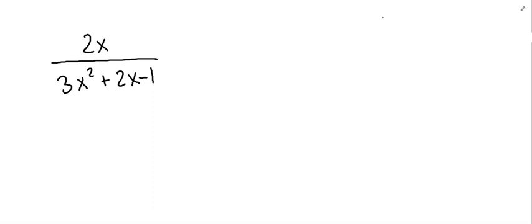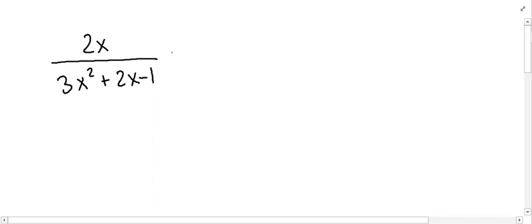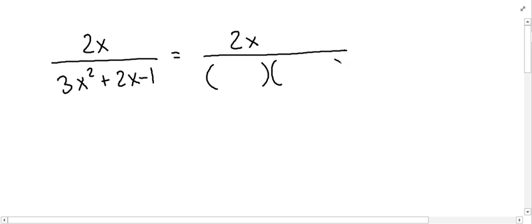The first thing I want to do is try to factor the bottom. It may not factor. I don't know if this thing is irreducible or not, but I'm going to try. 3x squared will break down into 3x and x. Then we need these other numbers to multiply to be -1, but we need the middle term to work out to be +1.